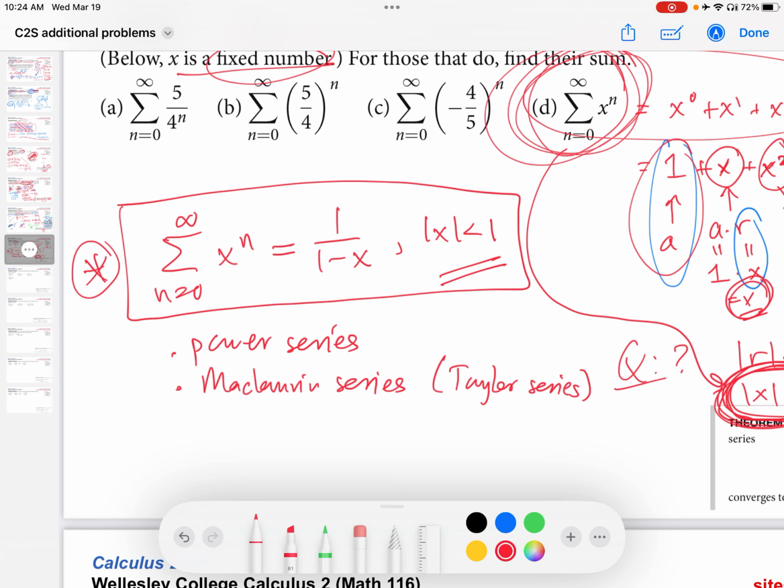Remember that in this case, by a clever choice of choosing x as a fixed number, we can see this sum in a third way as a geometric series. So this one example unifies and gives you 3 different perspectives: the geometric series, a power series, and Maclaurin series. That'll come later on this one series.